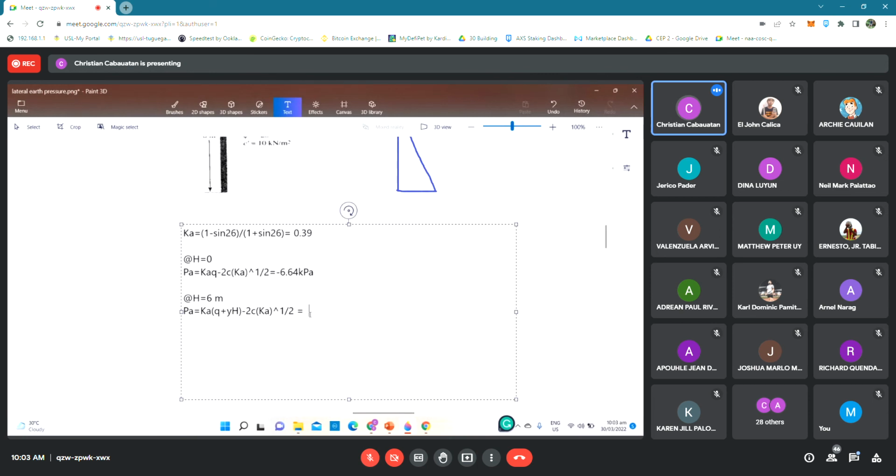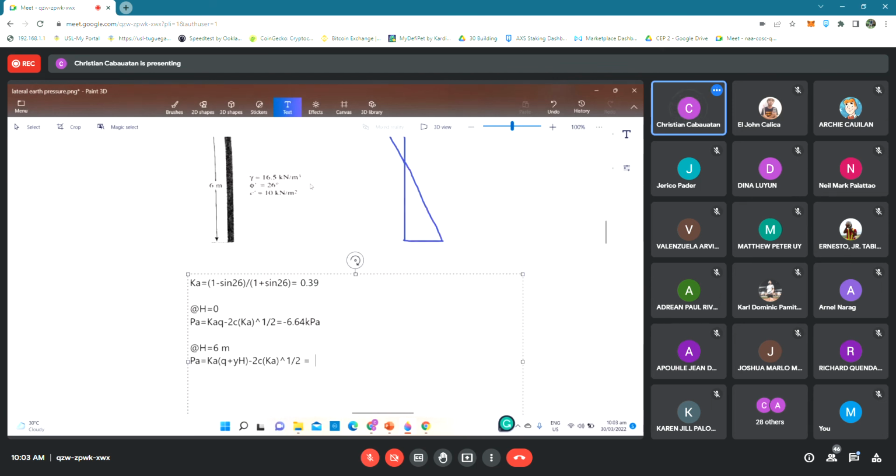Ka is 0.39 times your Q, 15, plus your gamma, 16.5, times the height, 6, minus 2 times your cohesion, 50, times the square root of 0.39. Therefore, 31.97 kilopascal. So that is the value at the bottom layer.